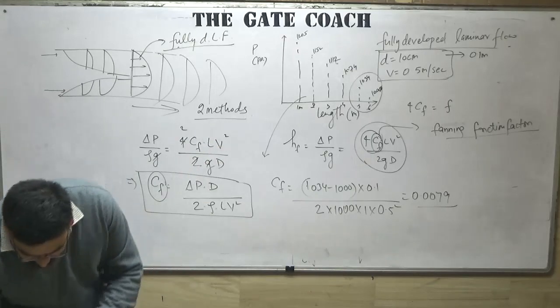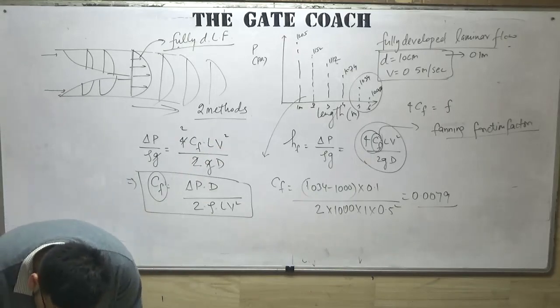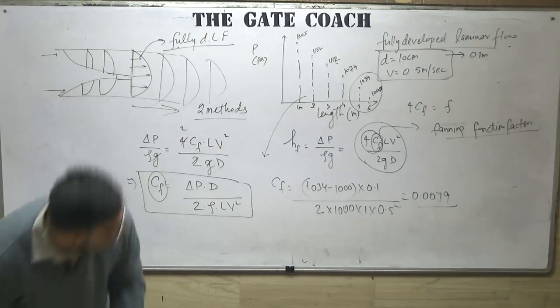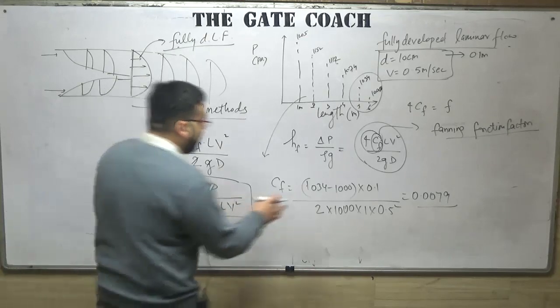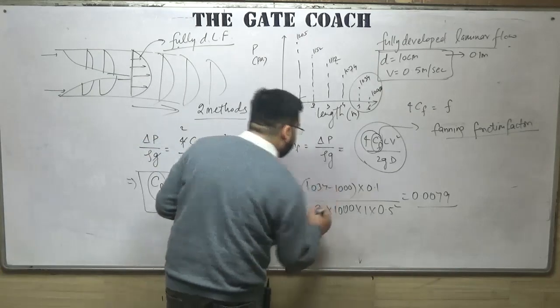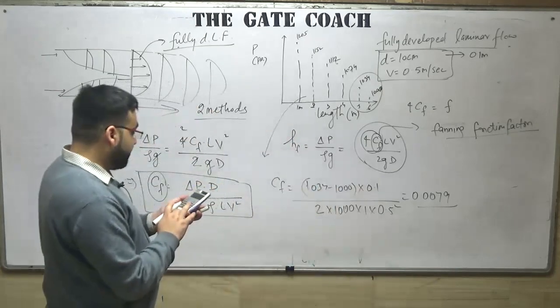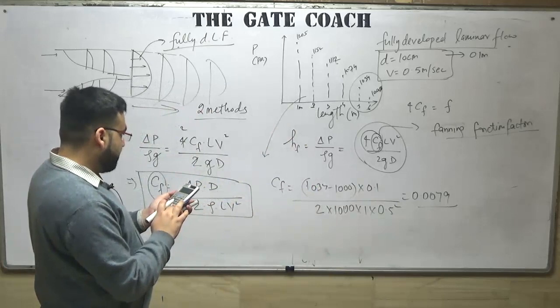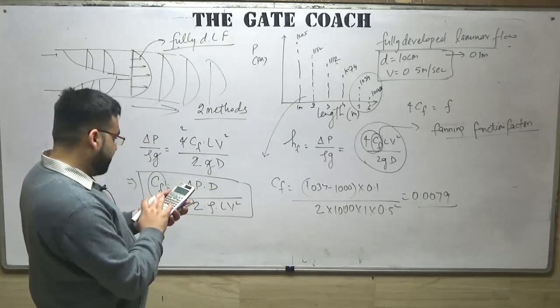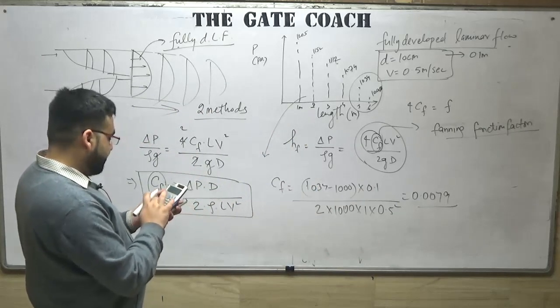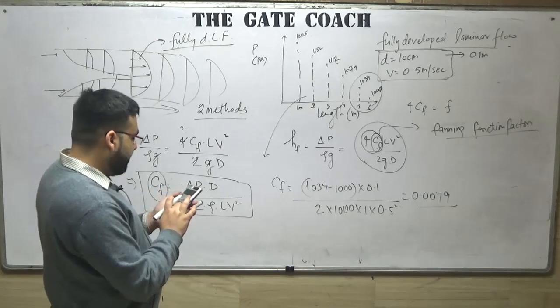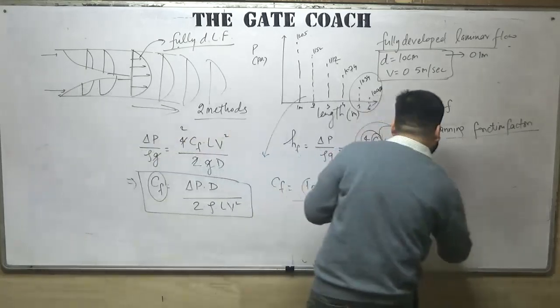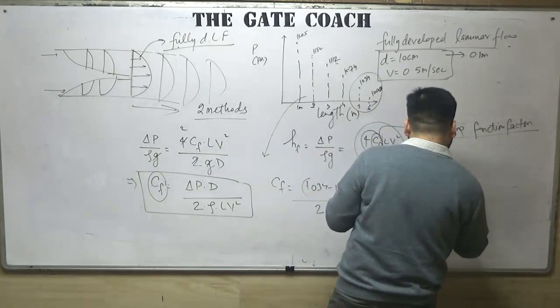Let me further cross check the data. It is 1037, I guess. It will be 37 multiplied by 0.1 divided by 2 divided by 1000 divided by 0.5 square, which will be equal to nearly 0.0074.